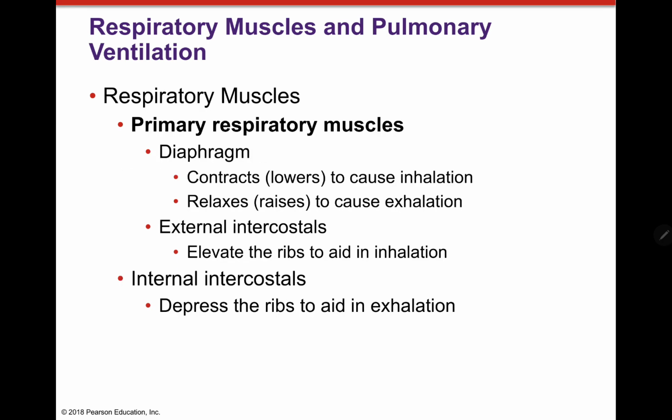The diaphragm will contract or lower to cause inhalation, and relax or raise to cause exhalation. The external intercostals elevate the ribs to aid in inhalation, whereas the internal intercostals depress the ribs and aid in exhalation.